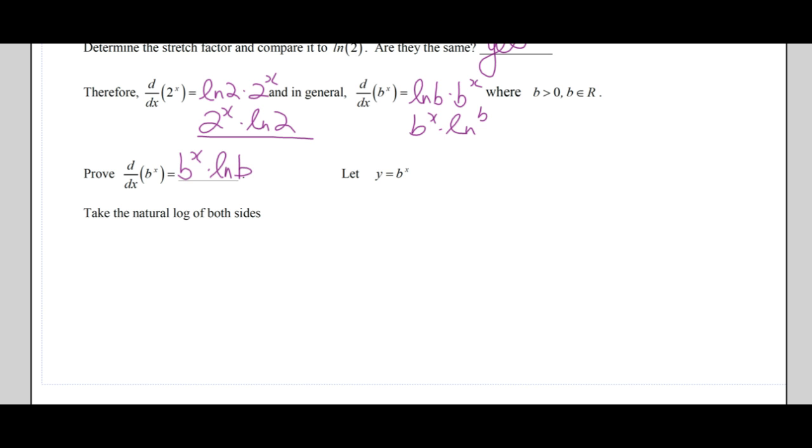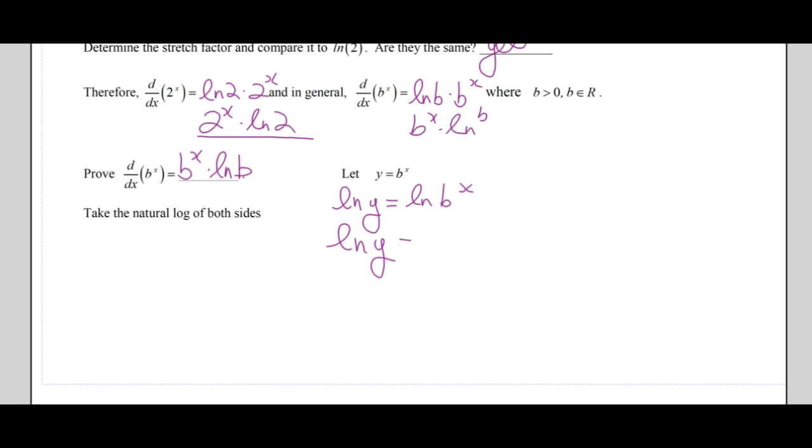What's that going to give me? ln y equals ln b to the x. So what's the magic thing you do with logs to solve for an unknown exponent? You move the x to the front, right? Using the power rule or law.